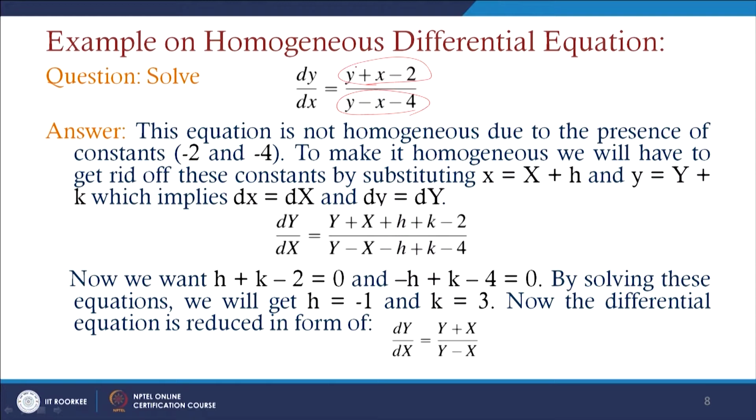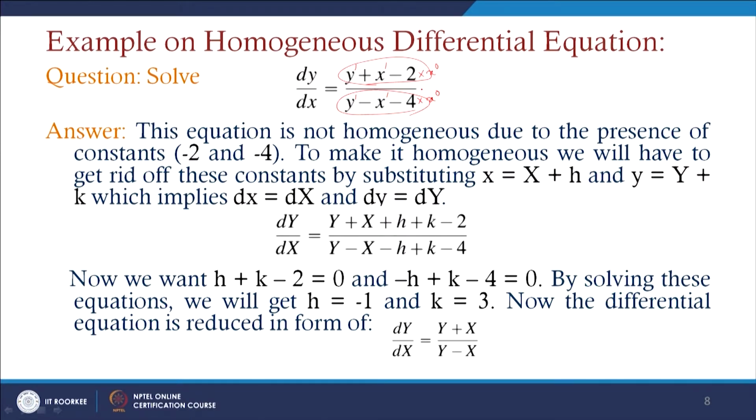If you just see here, the degree of this term is 1, the degree of this term is 1, the degree of this term is 1, the degree of this term is 1. And the degree of this one is 0, and this is 0 here. So that is why this is not a homogeneous form. To make it homogeneous, we have to get rid of these constants by substituting.